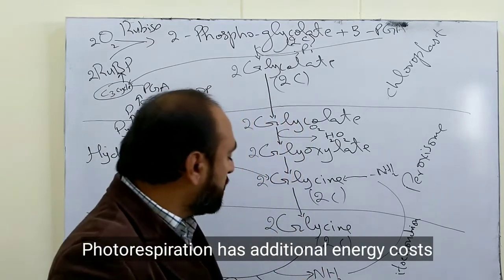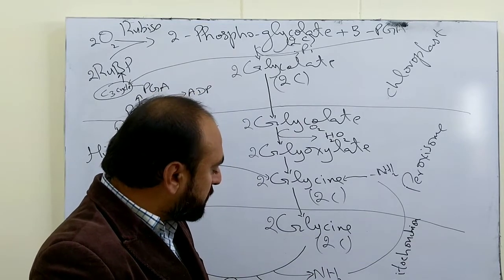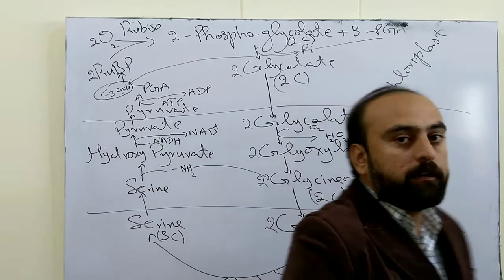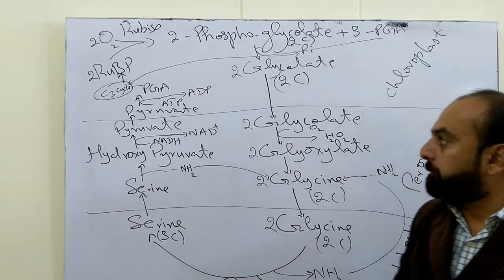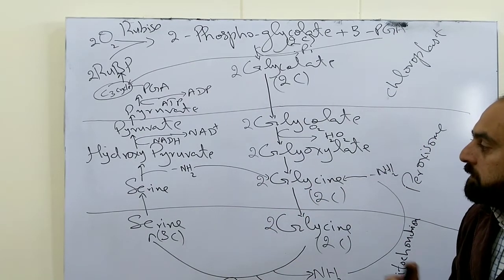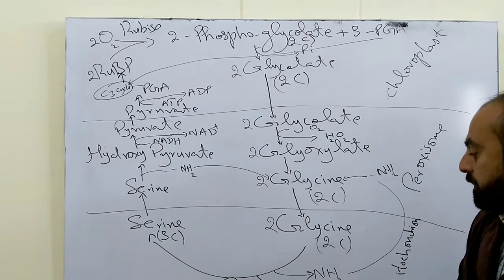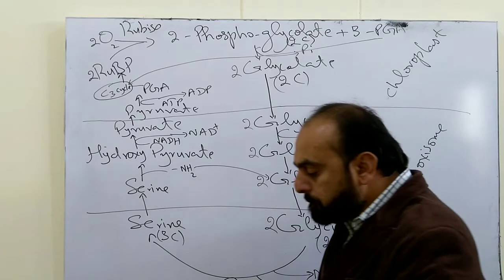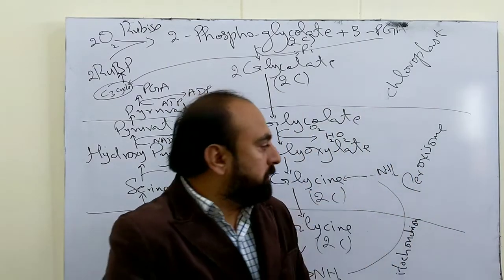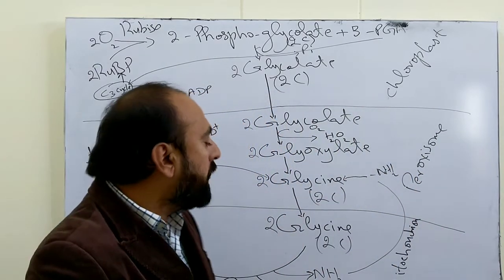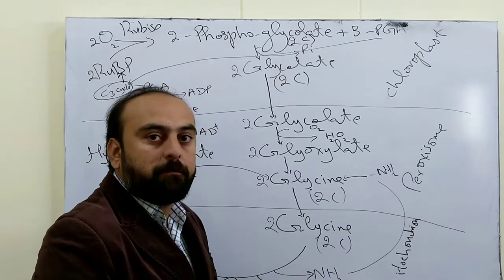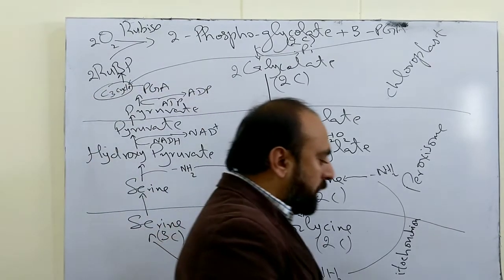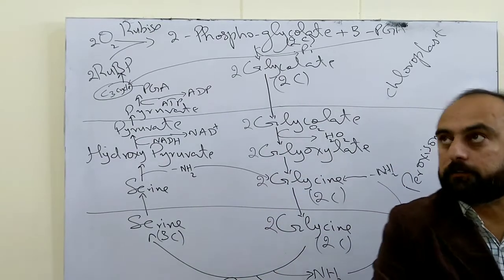So loss of 1 carbon dioxide also means the loss of 3 ATPs and 2 NADPH. So this is a wasteful process which wastes energy and the already fixed carbon dioxide. And this is found in plants called C3 plants.